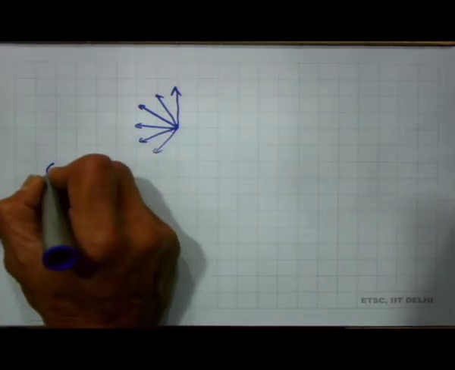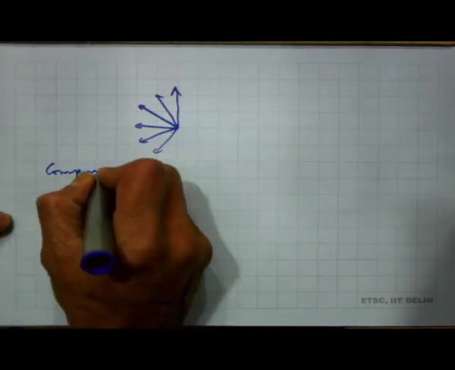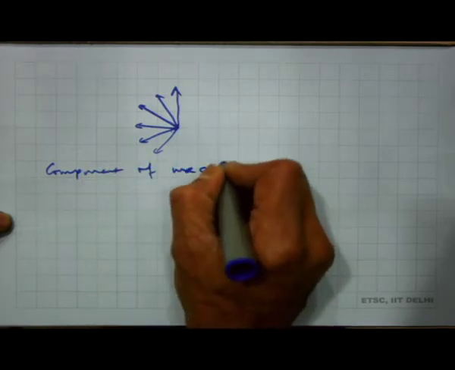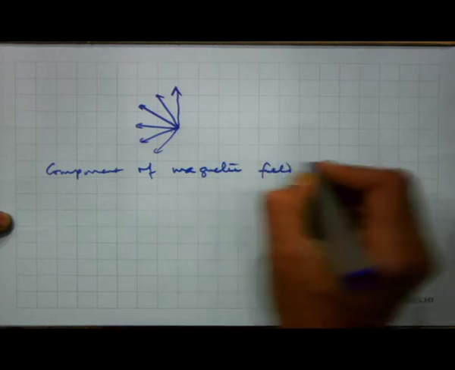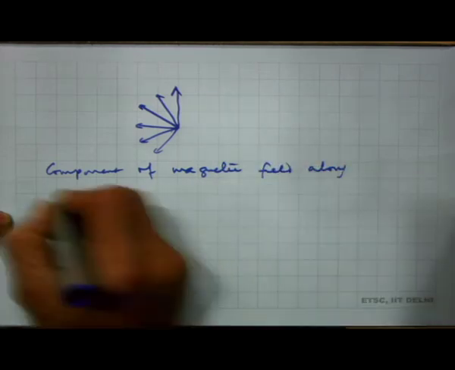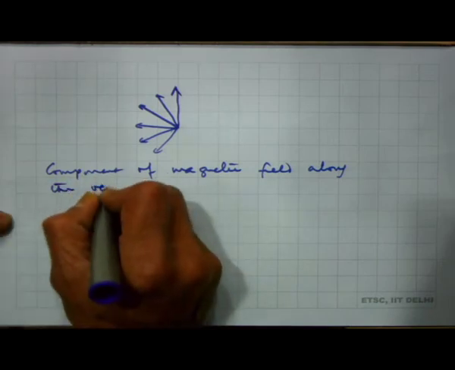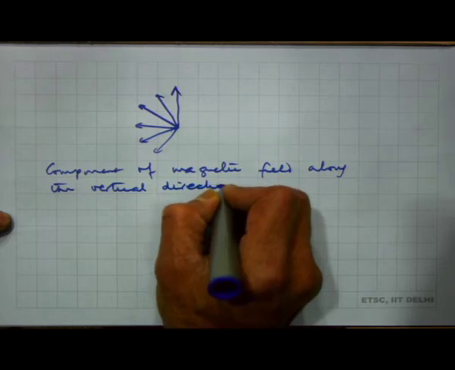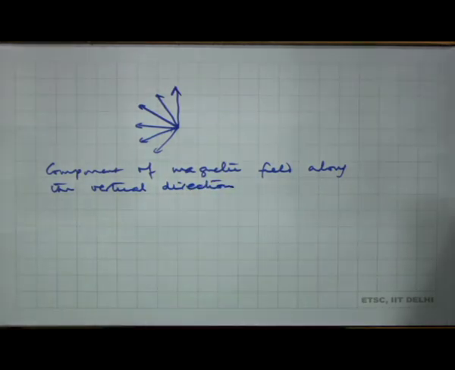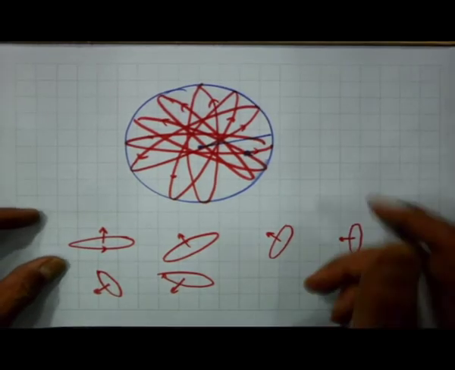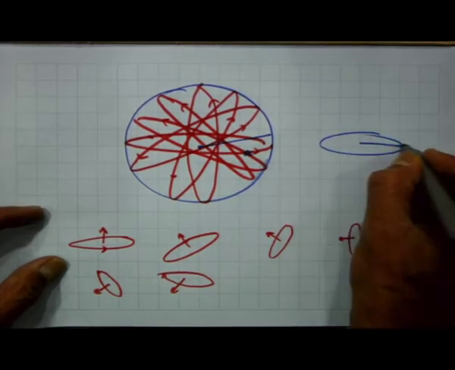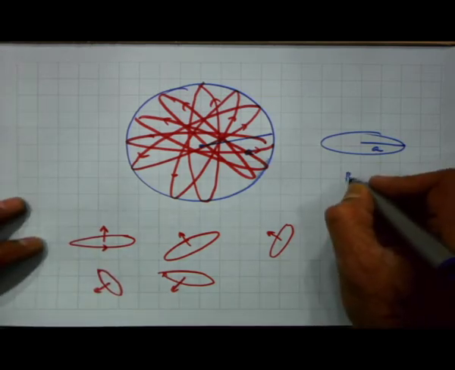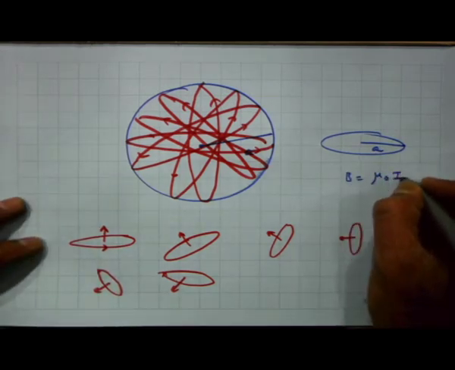So, now let me first calculate the component of magnetic field along the vertical direction. For this, I need to know the magnetic field produced by a current loop of radius a at the center, and that magnetic field happens to be B equals mu naught I by 2a.